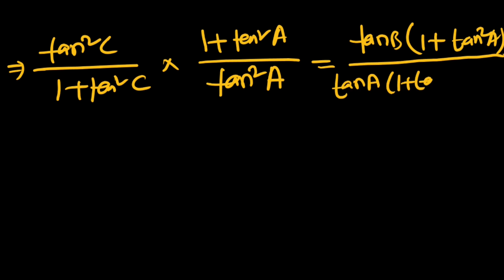So on both sides 1 plus tan square a is the same, so these two terms are cancelled. Also, tan a here against tan square a, so one tan a is cancelled, leaving only tan a.